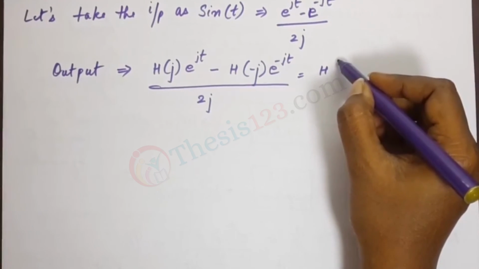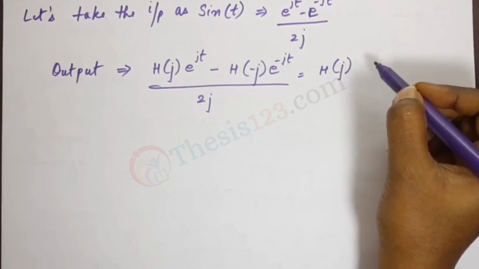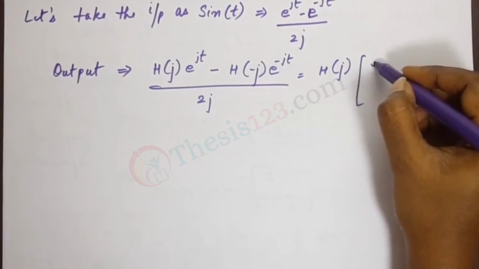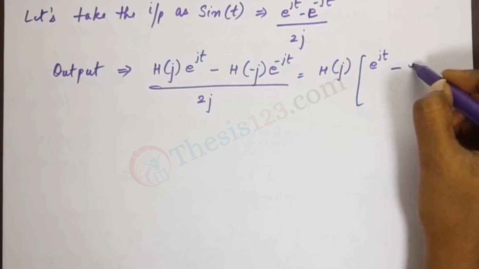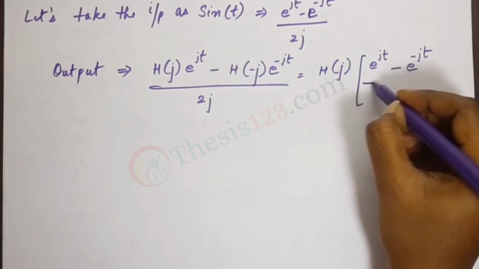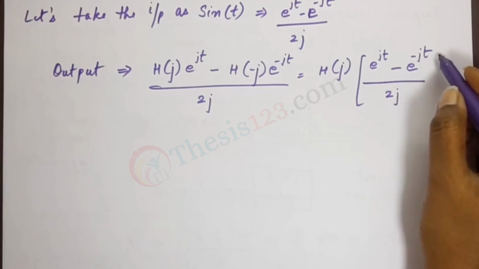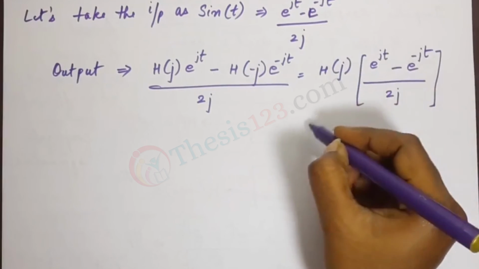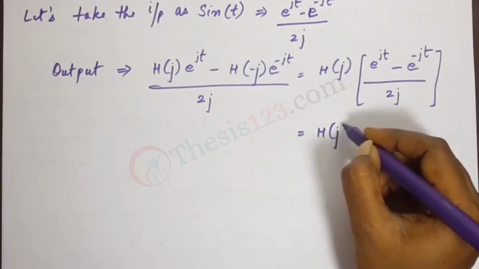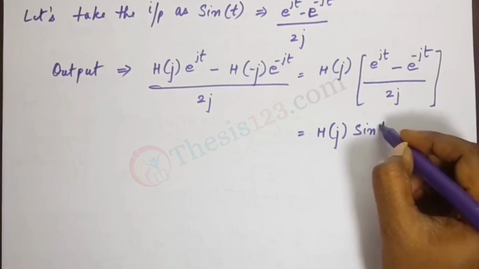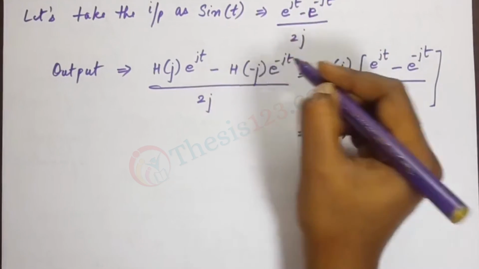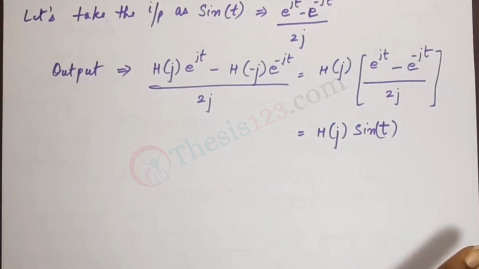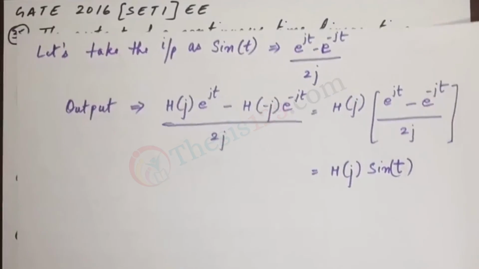Let's take H(j) common here. Okay, so we will obtain (e^(jt) minus e^(-jt)) divided by 2j. We can consider this as H(j), fine, not a problem. So here we have H(j) times sin t, because it is exactly the same as the input. So this tells us that both sin t and cos t satisfy the system given.